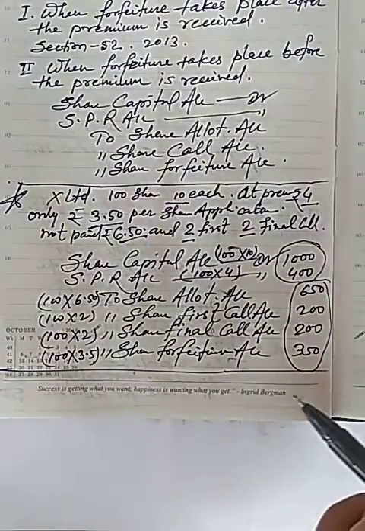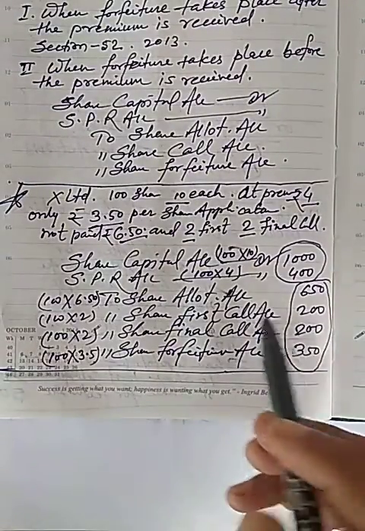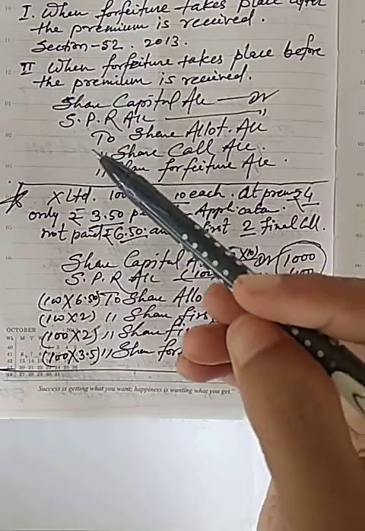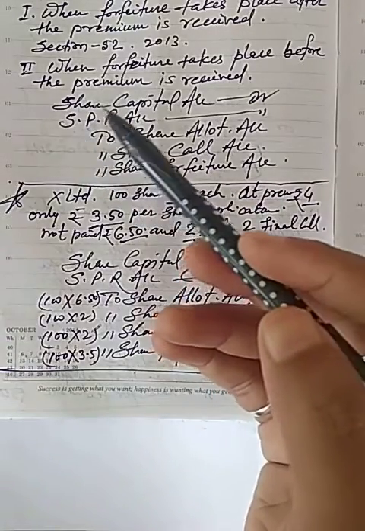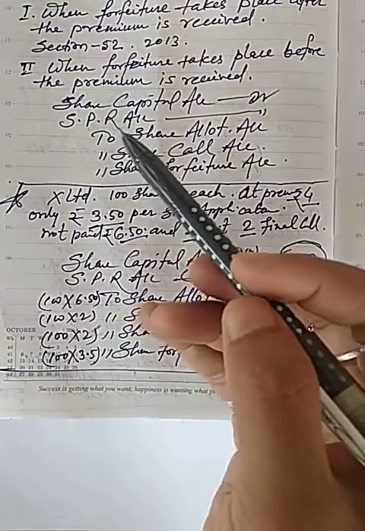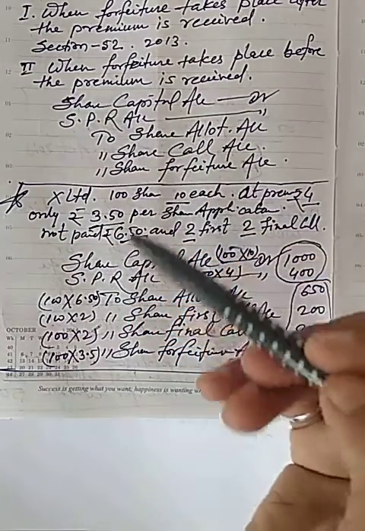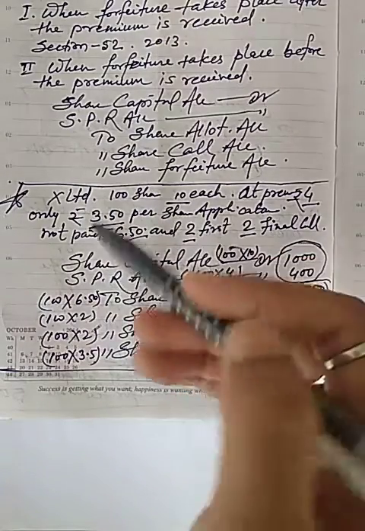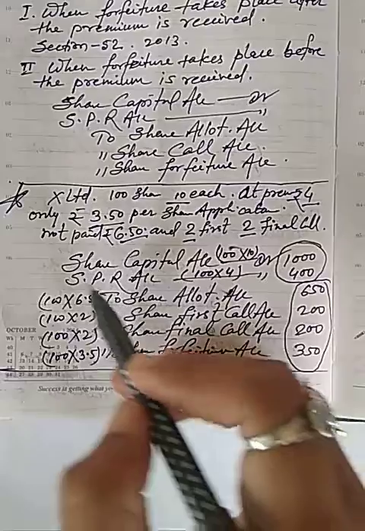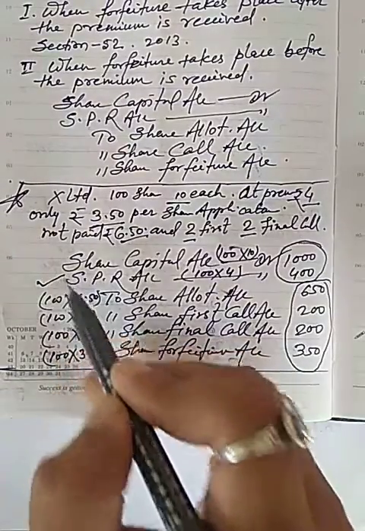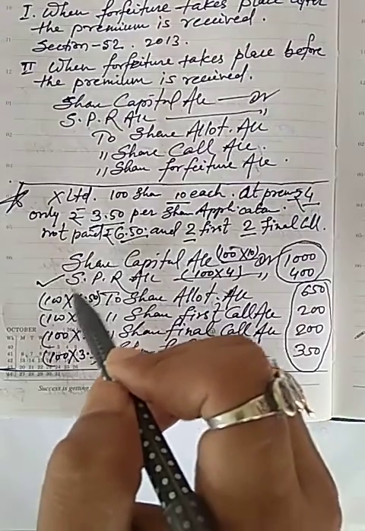So in case of premium where we have not received premium money, in the journal entry for forfeiture of shares, we have to debit the securities premium reserve account.